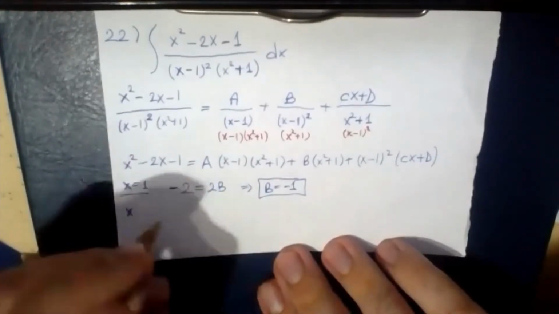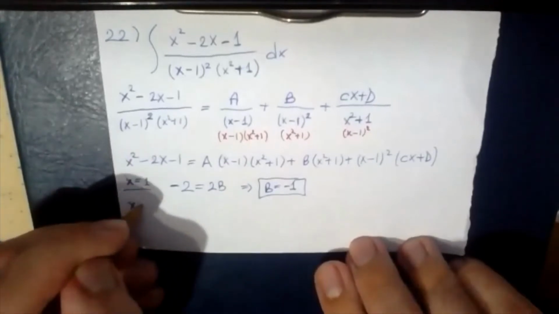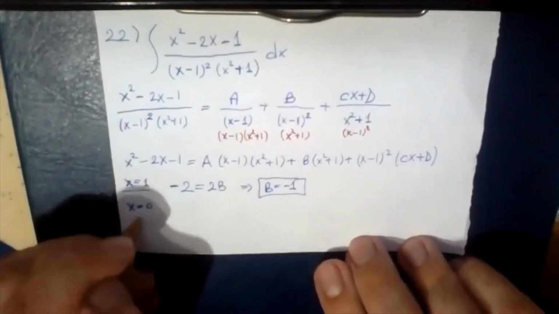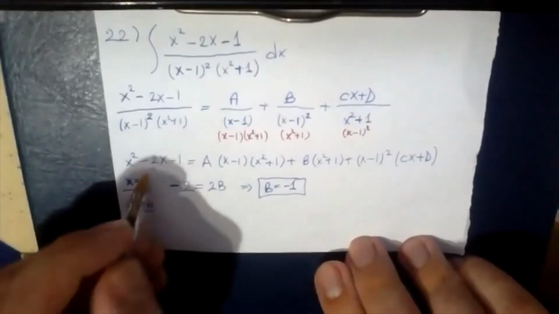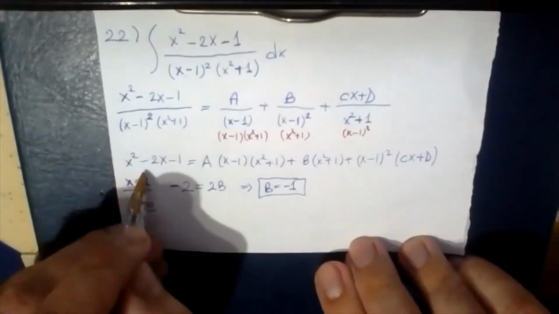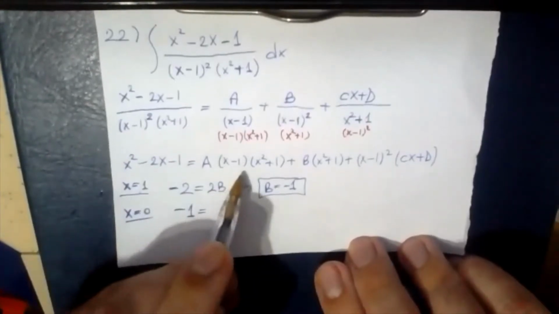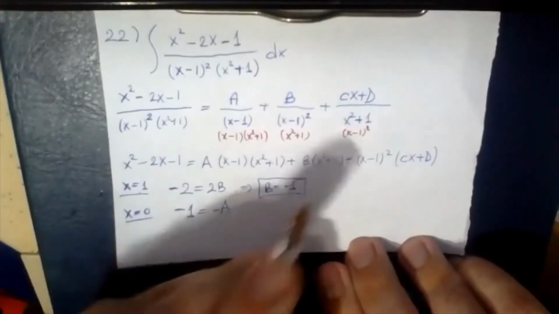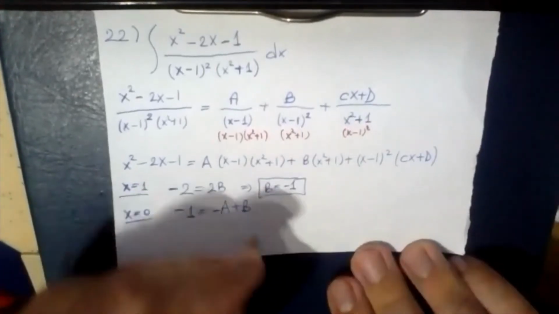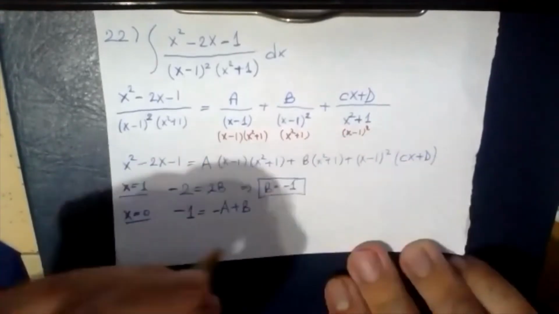But instead, we are finding some equations, and it will be easy to use small numbers such as 0. When x is equal to 0, we can quickly calculate the left-hand side. It is minus 1. This part is minus a, plus 1 times b. This is (minus 1) squared, which is plus 1, also d.